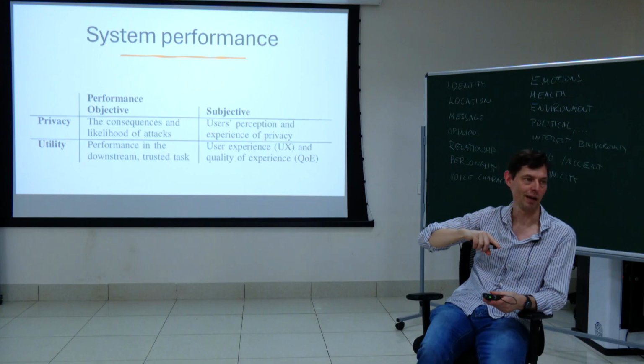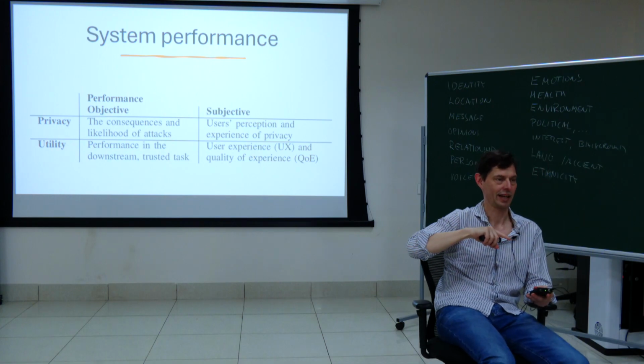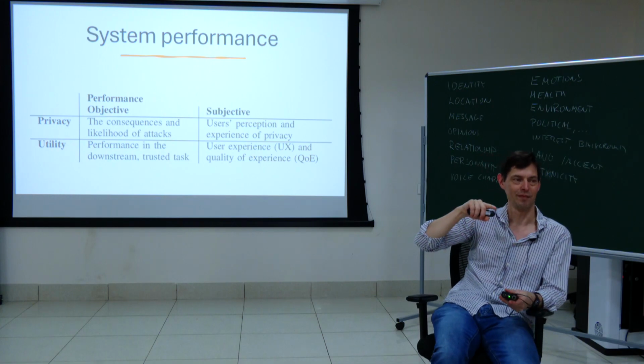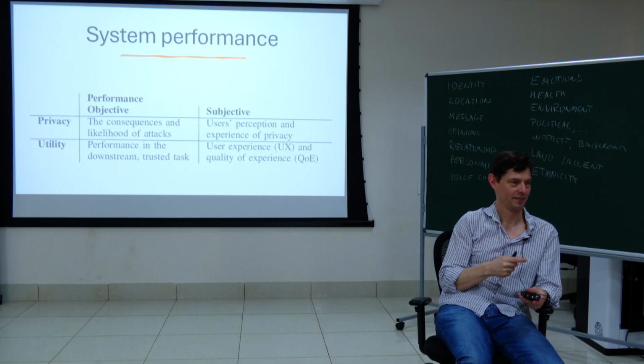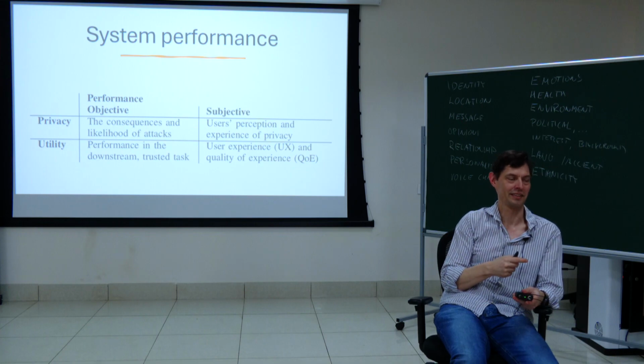So my privacy is protected. The SNR is very bad. My privacy is protected, but no one can hear me anymore. So the utility goes down. So the output is useless.